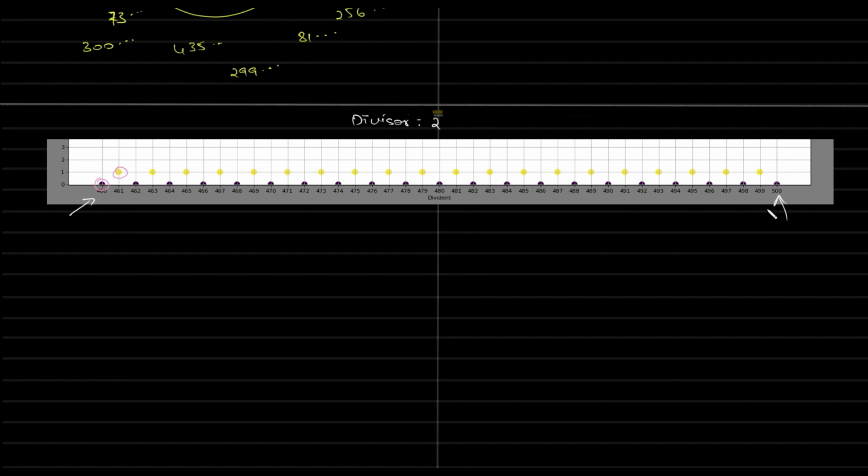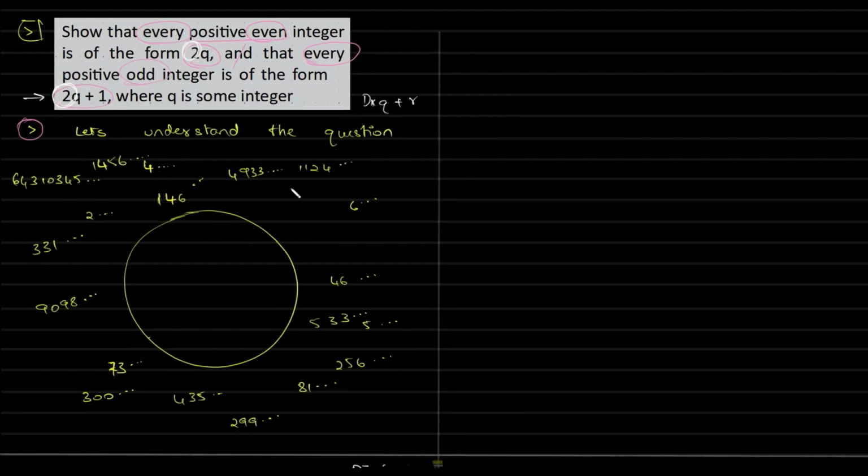I have taken all the possible integers, and we just showed that all of these integers have a remainder of either 0 or 1. That's what the question is asking.